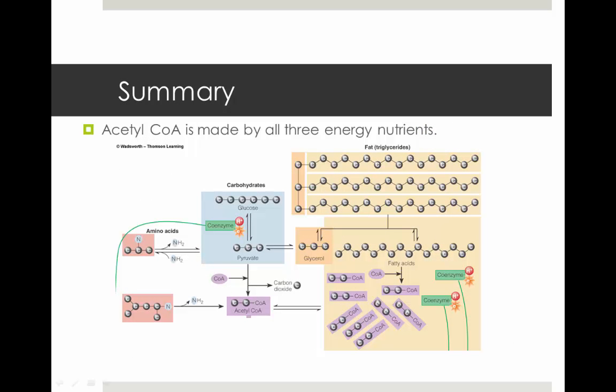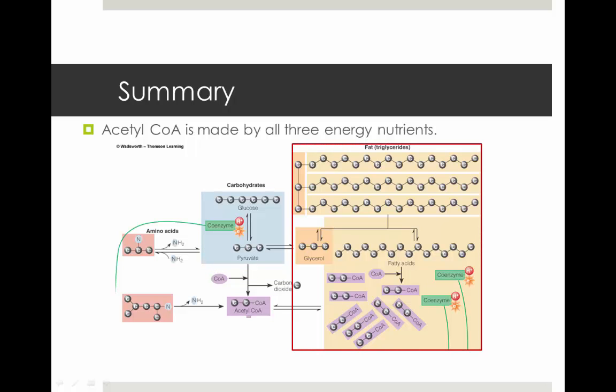Looking back to the big picture again, let's summarize what we have discussed so far. Glucose enters glycolysis, where it is broken down into pyruvate molecules. Pyruvate is then converted into acetyl-CoA. With the triglycerides, the glycerol backbone will be converted into pyruvate. The fatty acid chains are broken down 2 carbons at a time to make acetyl-CoA.